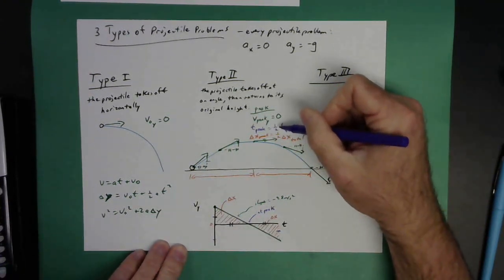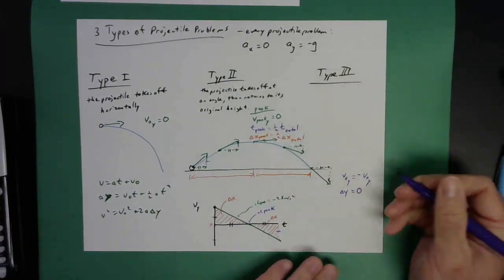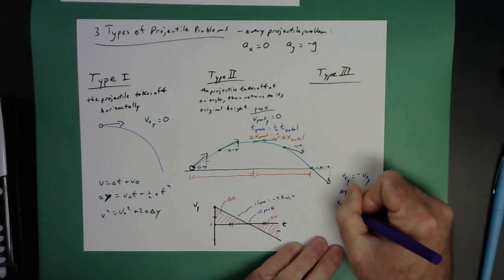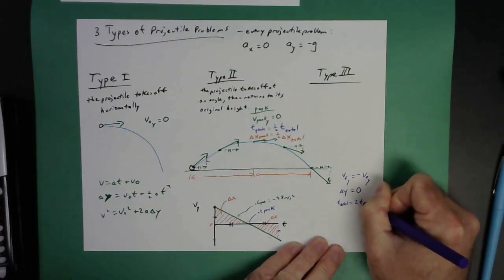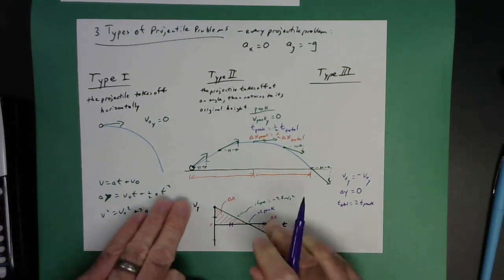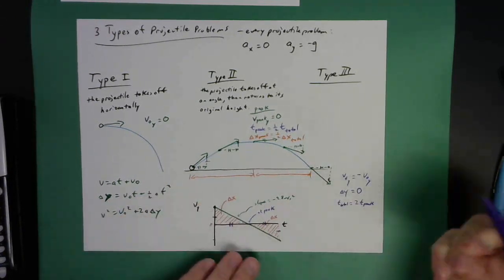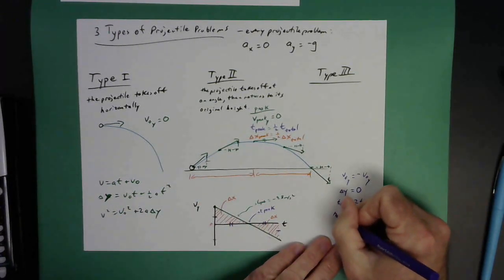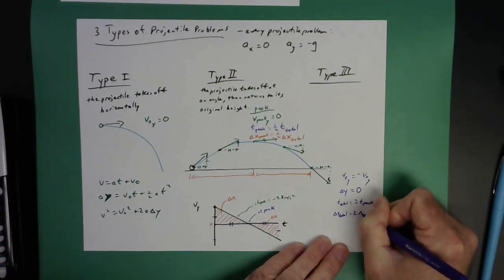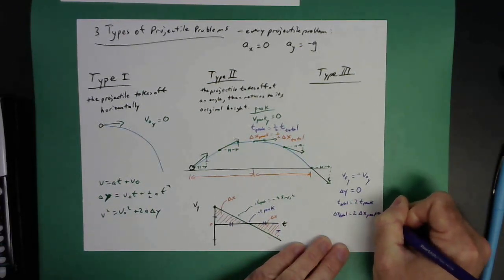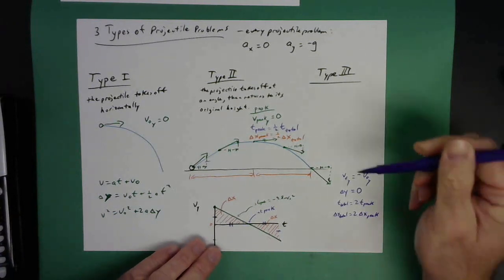So we kind of said it here, the time to the peak is half the total. I could also say that total time is double the time to the peak. We could say the delta x to the peak is half the total. Likewise, we could say the delta x total is double the delta x to the peak. Yeah, that's kind of silly. What else do we know?